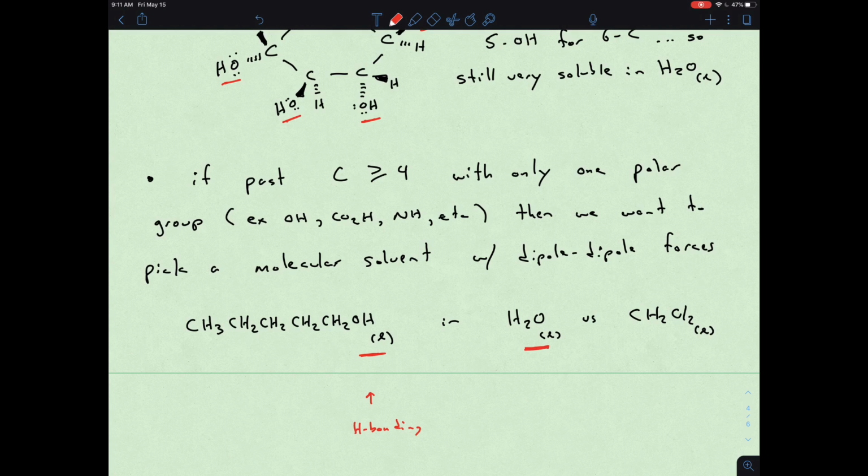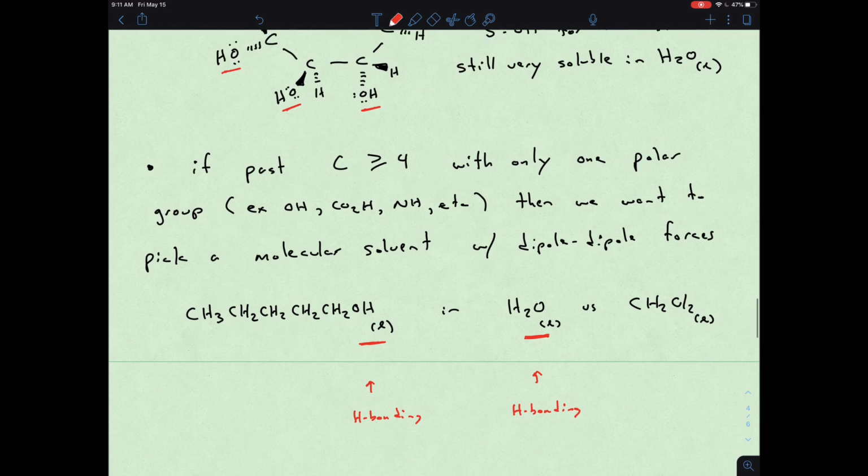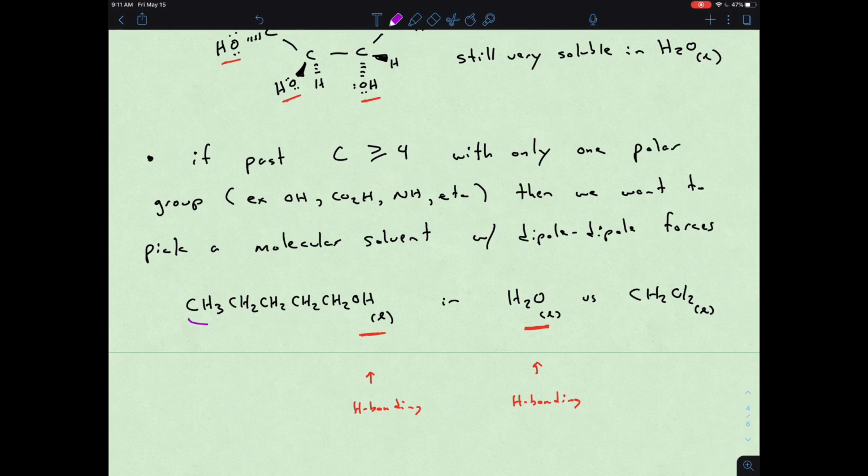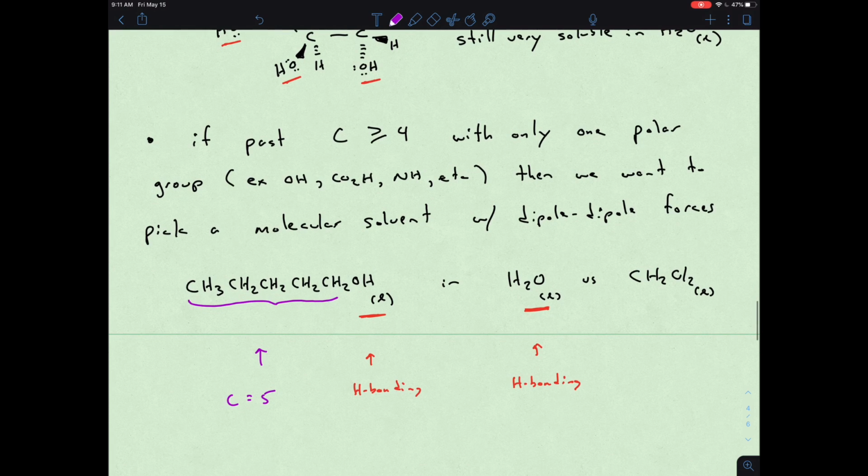And water, as we know, is also hydrogen bonding, so it's a natural selection to just pick H2O. But we have this huge tail here where we have carbons equal to 5. And that's why we are going to see decreased solubility in water as a result.